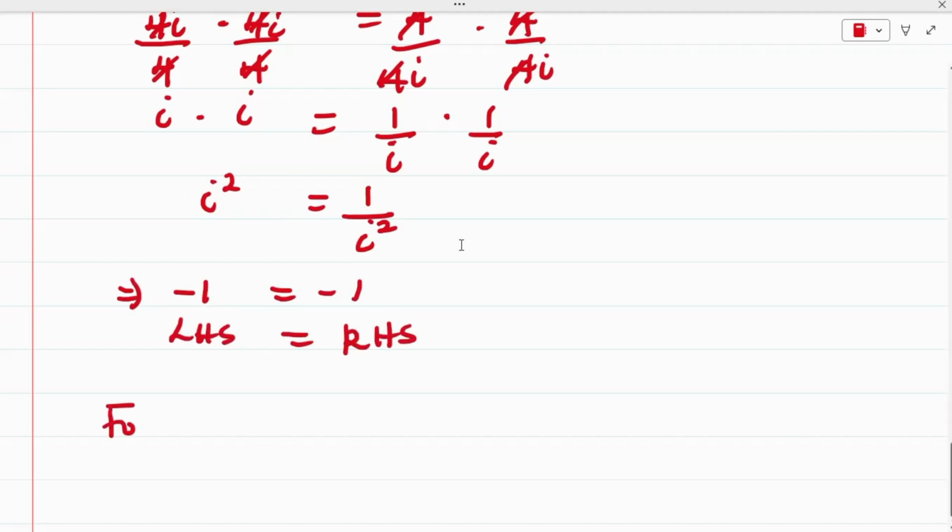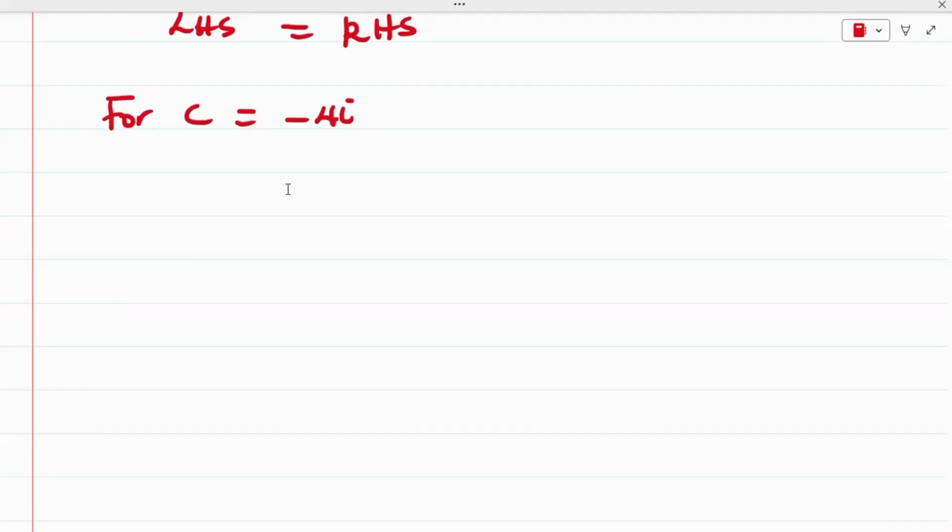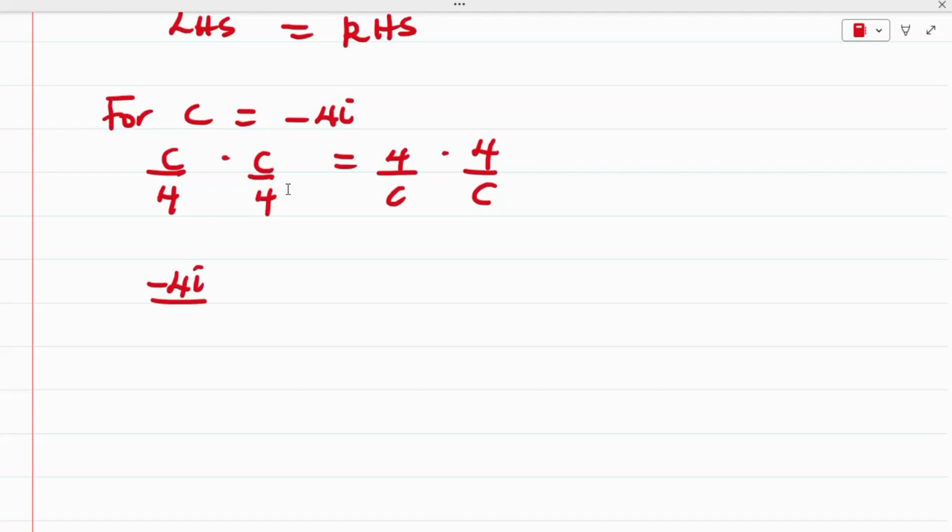So lastly, for c equals negative 4i, we have c over 4 multiply c over 4 is equal to 4 over c multiply 4 over c. So this becomes negative 4i over 4 multiply negative 4i over 4, which is equal to 4 over negative 4i multiply 4 over negative 4i.